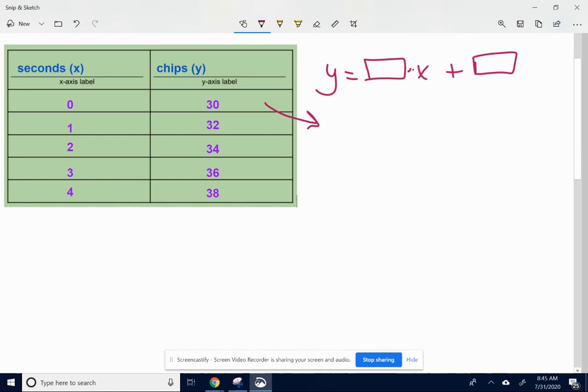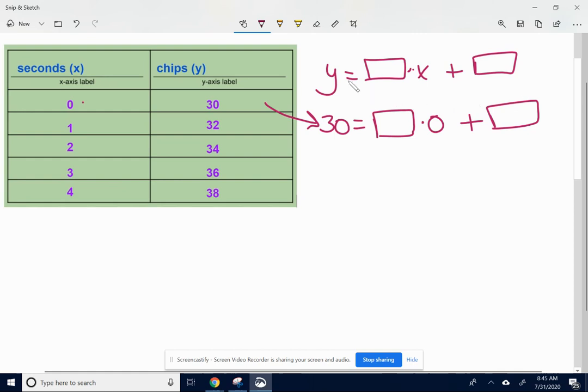So here's my 0 and 30. My 30 is my y value. My x value is 0. So 30 is equal to some number times 0 plus another number. So you see what I'm doing is I'm taking this general relationship, and I'm replacing y with my y value of 30 and my x with my x value of 0.